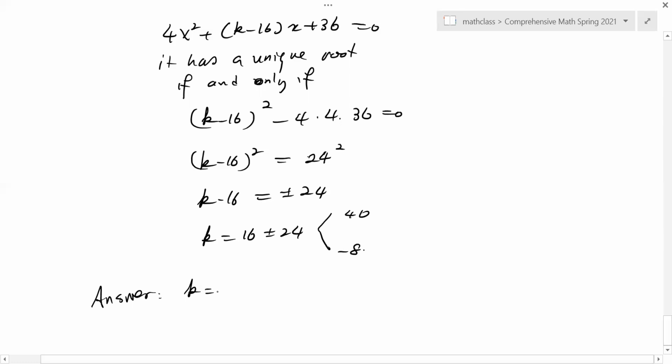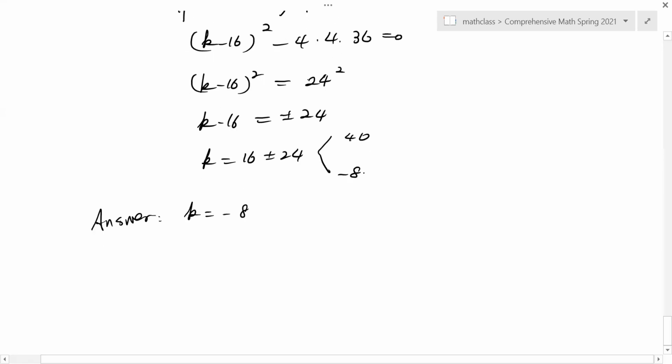The answer is the smallest value of k. Well, you see, it becomes a perfect square when it has only a unique root.